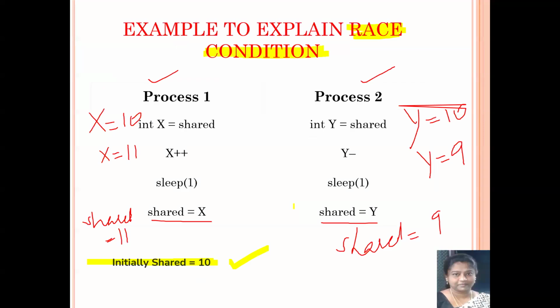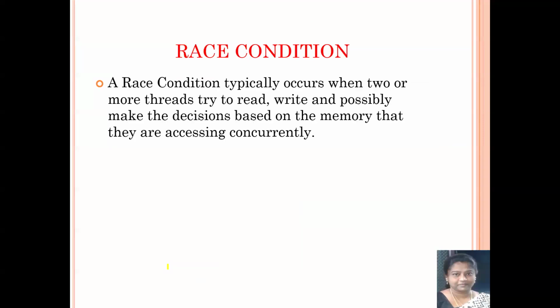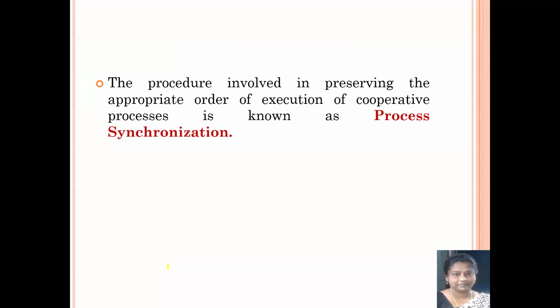Here, both P1 and P2 are accessing the shared variable concurrently, and that is the reason why the shared data value is mismatching. This is called the race condition, and for achieving process synchronization, we do not want a race condition to exist.